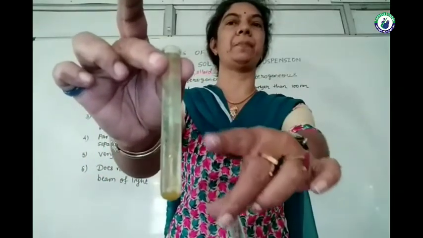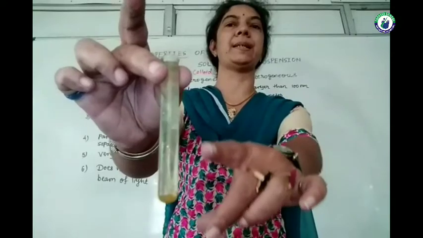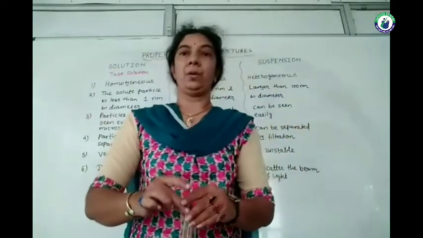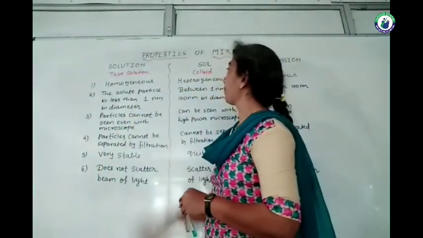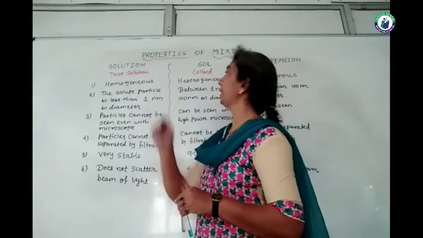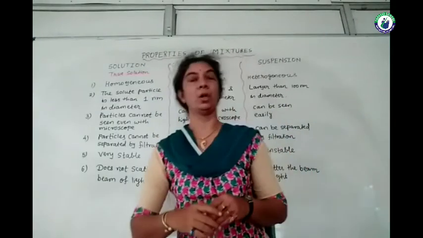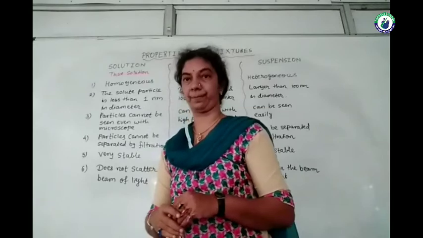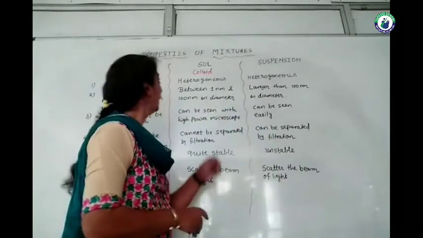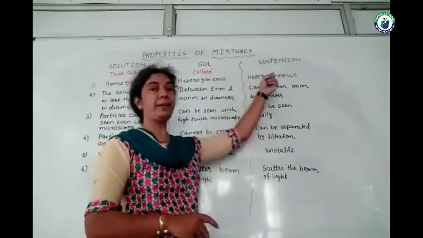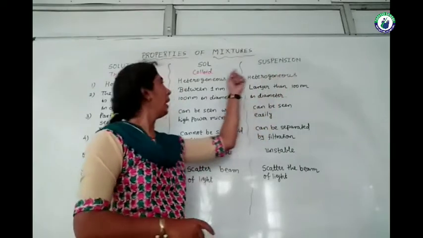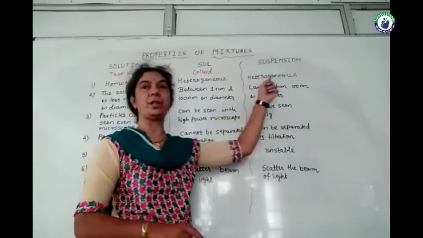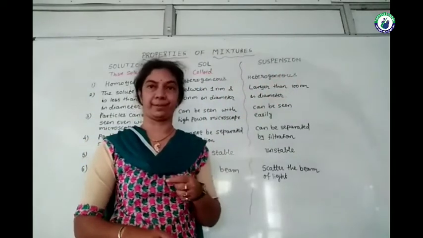You can see that the particles have started settling down. Now the first property: a solution is a homogeneous mixture, while colloid and suspension are heterogeneous types of mixture.